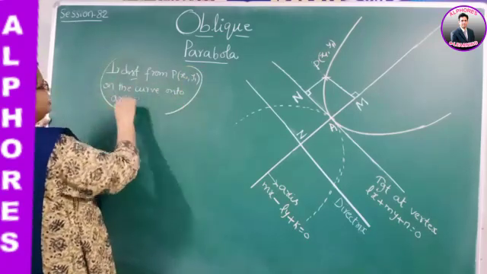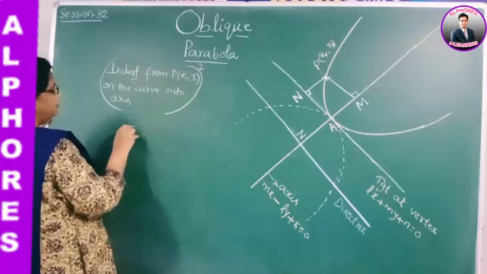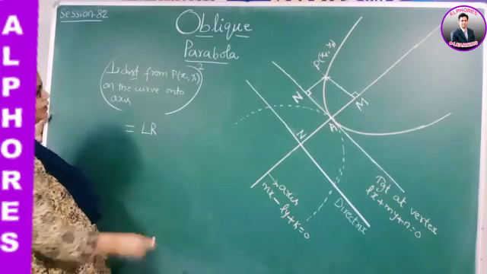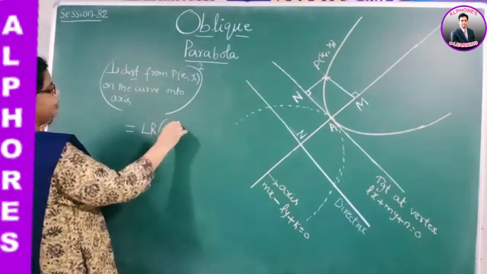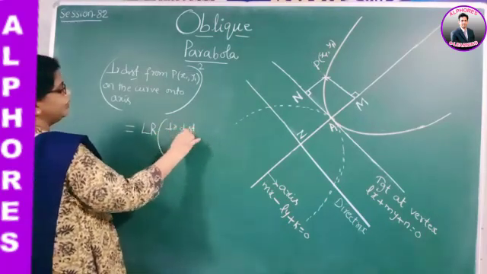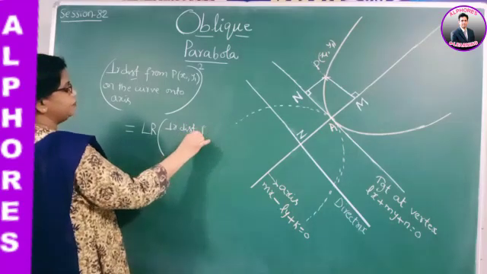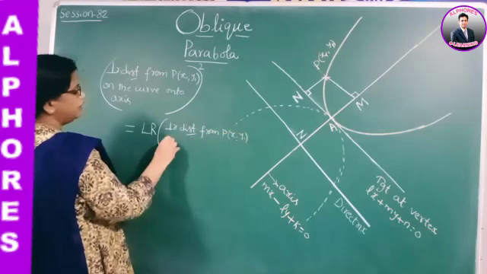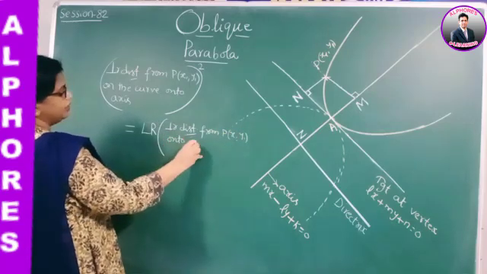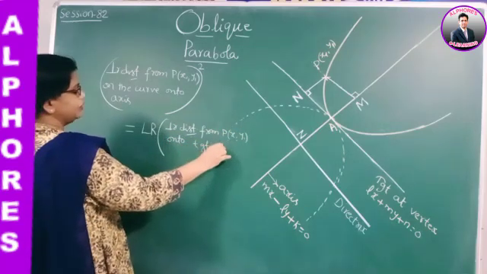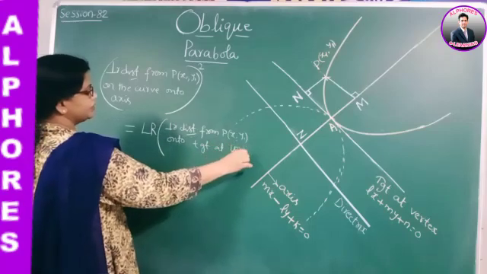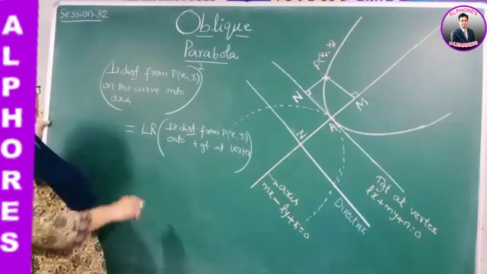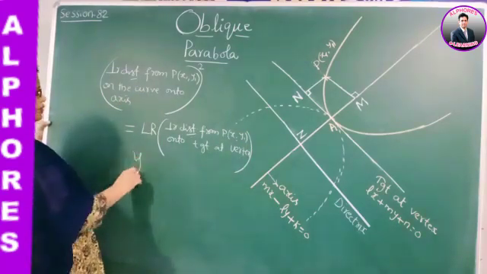This entire value whole square is equal to the latus rectum length, that is 4a, into the perpendicular distance from the same point P of x1 y1 onto the tangent at vertex. So this is the significance of the point x1 comma y1 on the curve y square equal to 4ax.